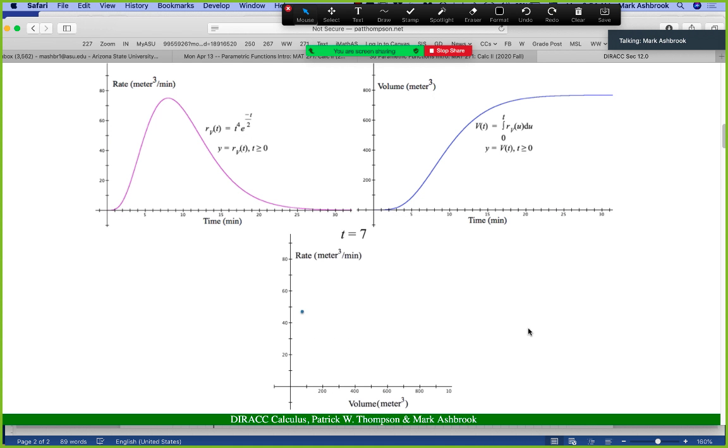Okay, t equals 7, the one we already did, and we came up with about 270. So there's 270. T equals 9, same thing. For t equals 9, we're going to pull off the rate and the amount. We're going to put the amount on the x-axis, and we're going to put the rate on the y-axis.